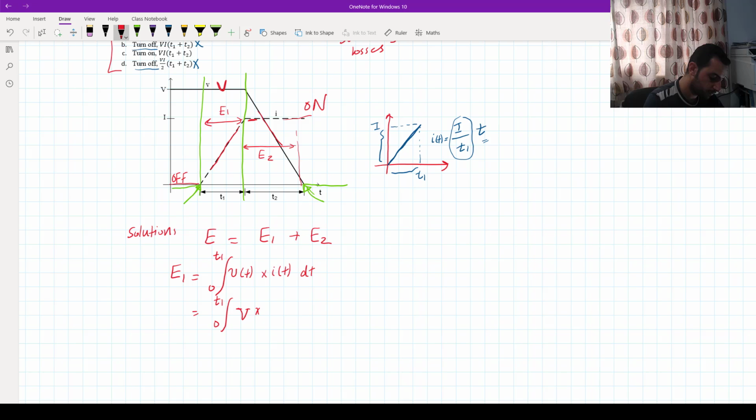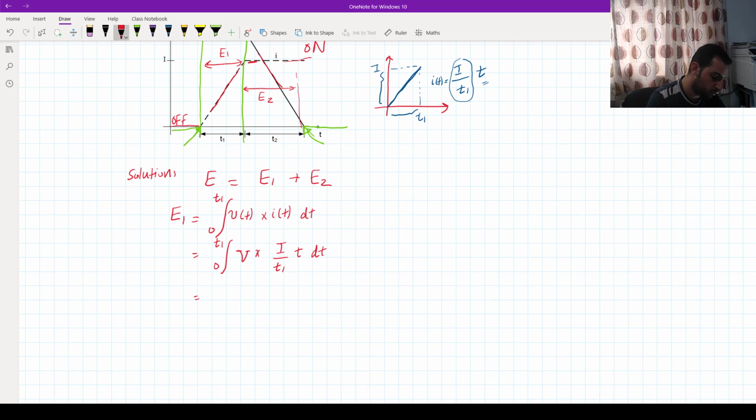So this is now the equation for the current, and now just write it: times I divided by T1 multiplied by T dt, okay? And we can continue from 0 to T1, and V and I are constant, and T1 as well is constant, so I can take them out: VI divided by T1, and just integrate T dt.